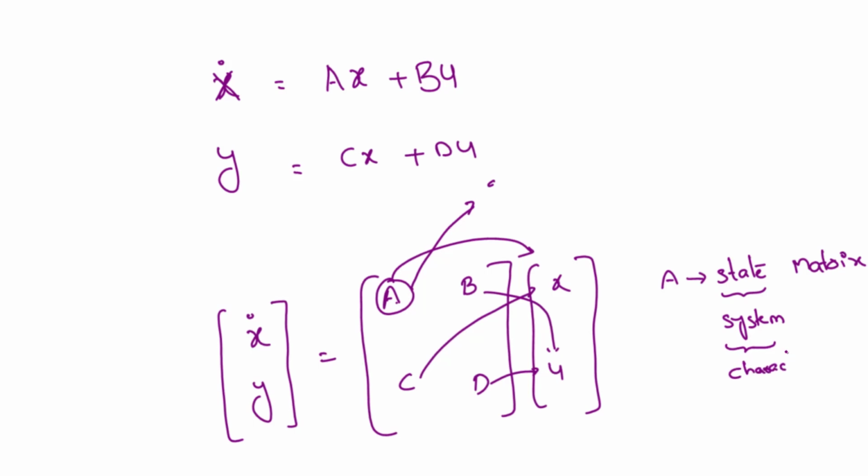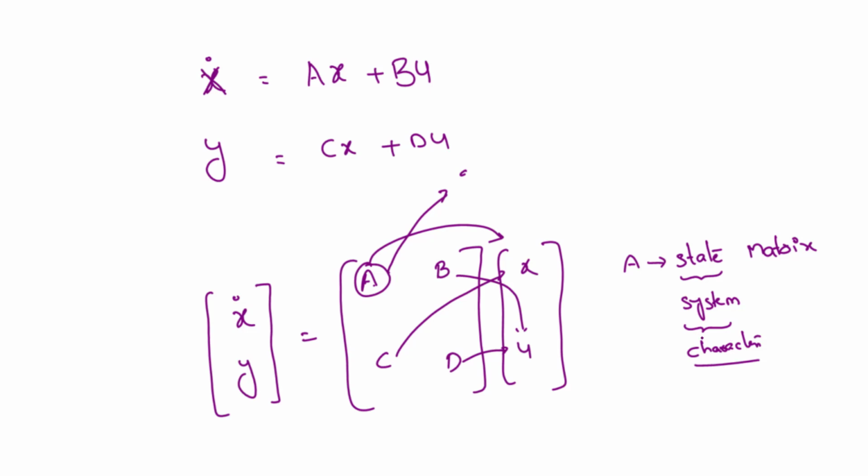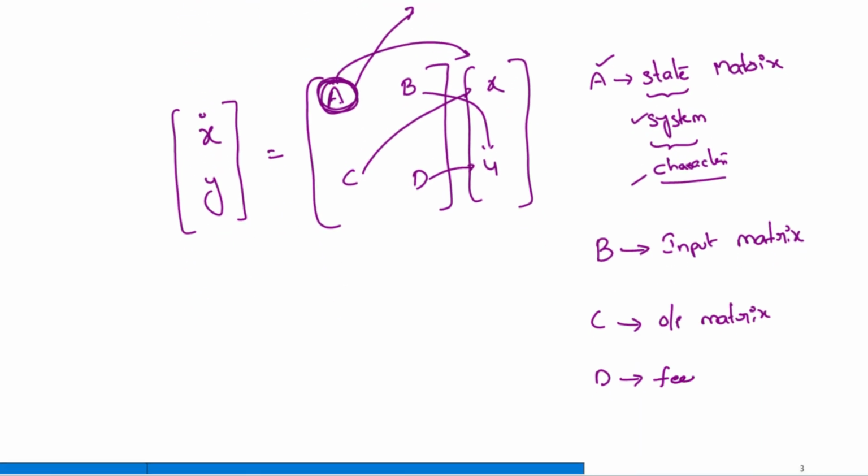The entire system depends upon the A matrix. So A is the state matrix, system matrix or characteristics matrix. B is the input matrix. C is the output matrix, all the output parameters lie in C, and D is the feed forward matrix.